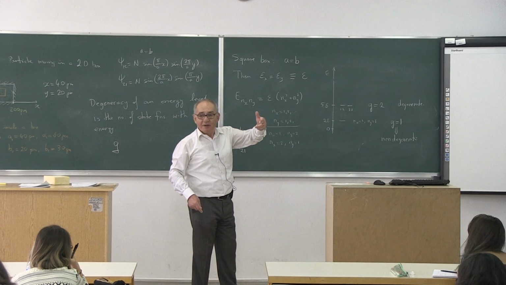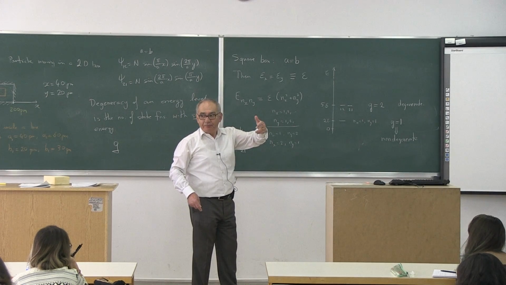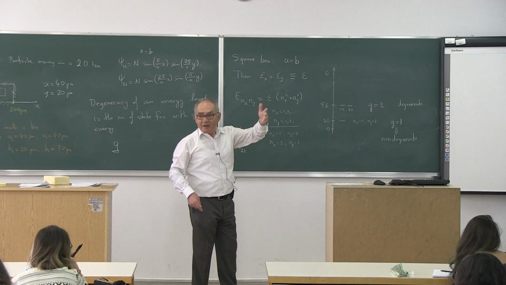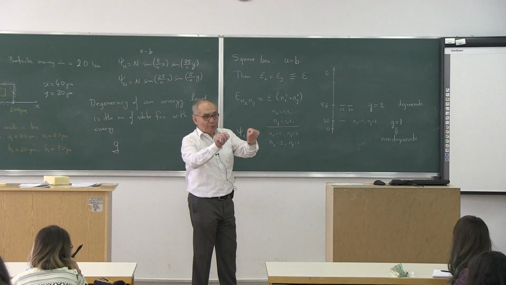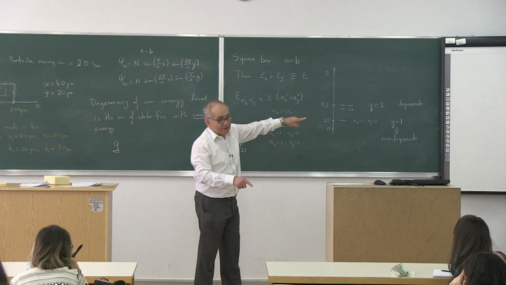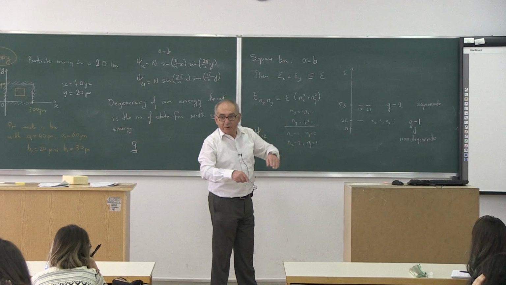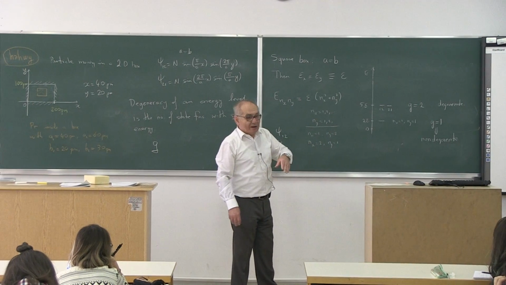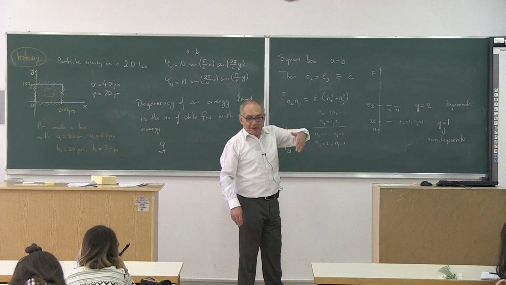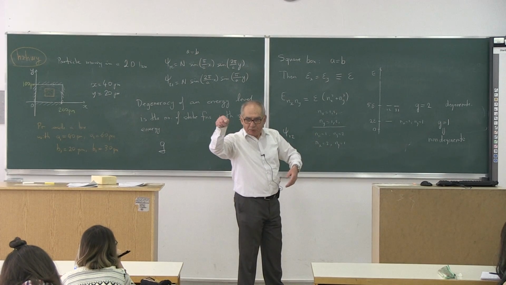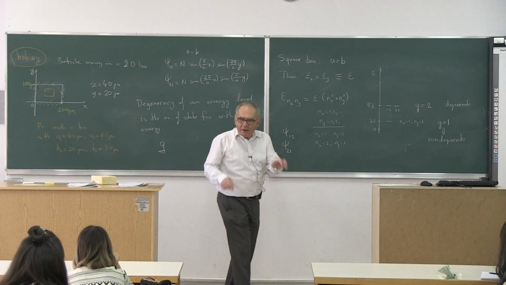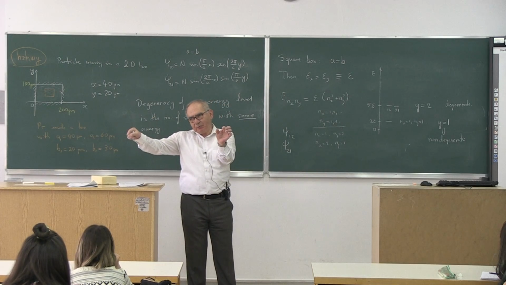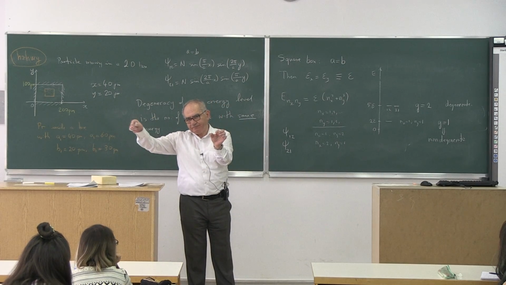If it is 4, we say quadruply degenerate. These are the words we use for numbers. So if a level is quadruply degenerate, it means g is equal to, what is the numerical value? 4. Words related with numbers, all right?